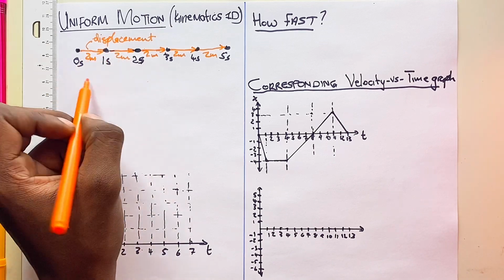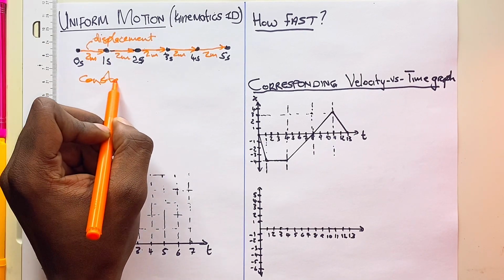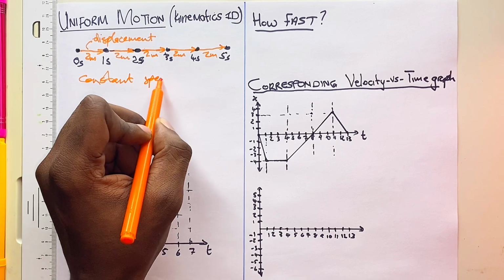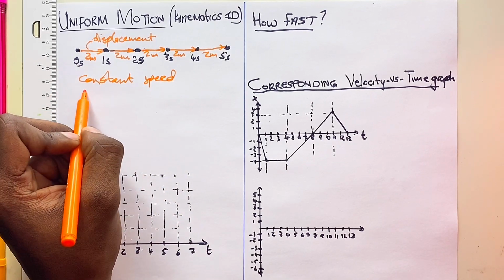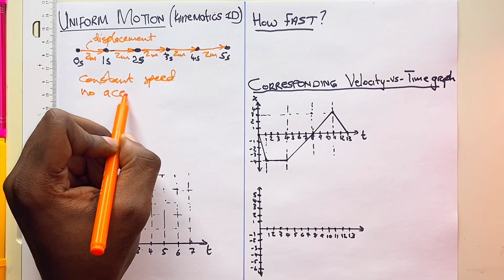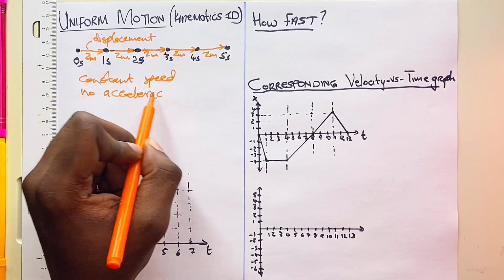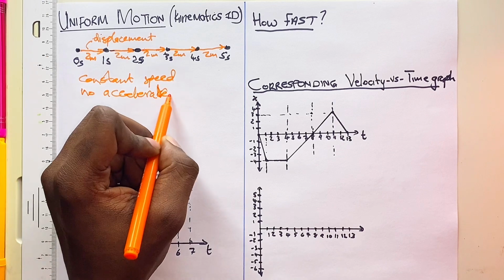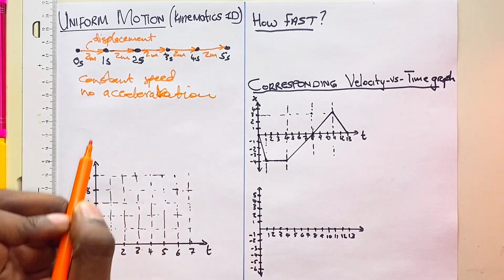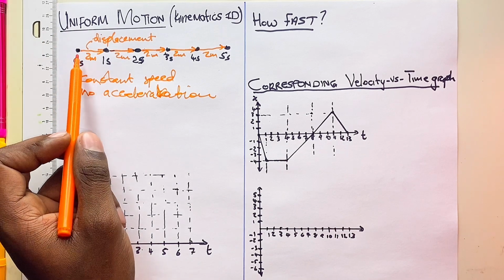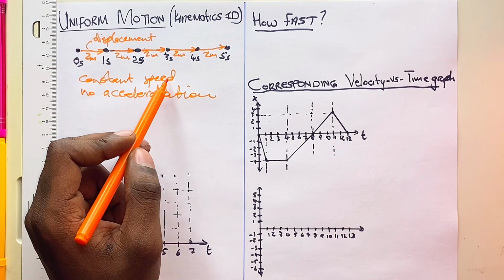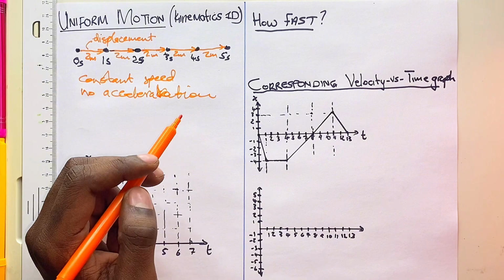It moves at constant speed, and it does not have any acceleration. Now, uniform motion is motion whereby your item is moving at constant speed with no acceleration.